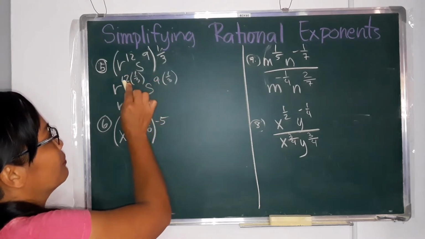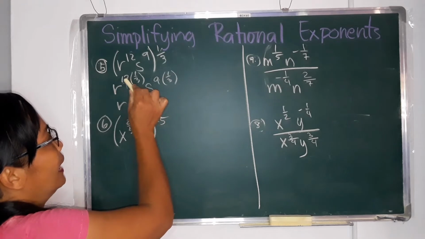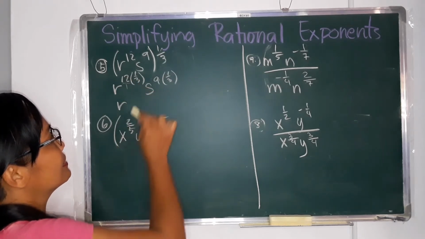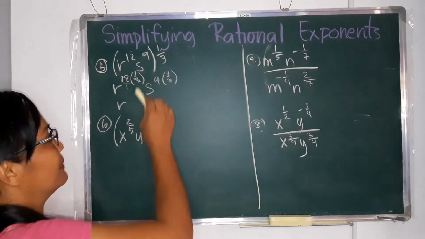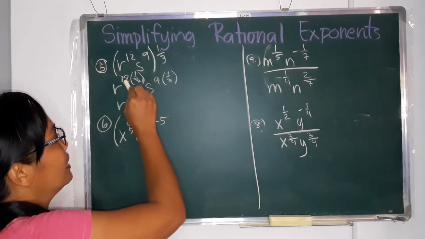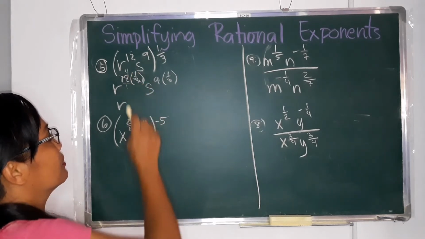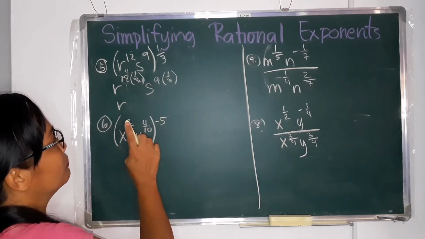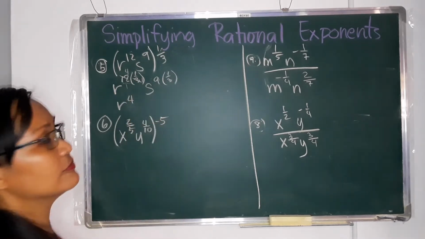So 12, which is the whole number, over 1, that is fraction already. And 3, the denominator. So we can cancel them. Both are divisible by 3. 3 divided by 3 is equal to 1. 12 divided by 3 is equal to 4. So we have 4 times 1 is equal to 4. Divided by 1 is equal to 4. So R raised to 4.